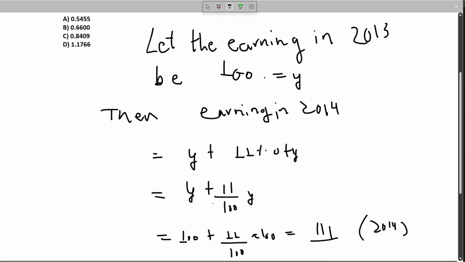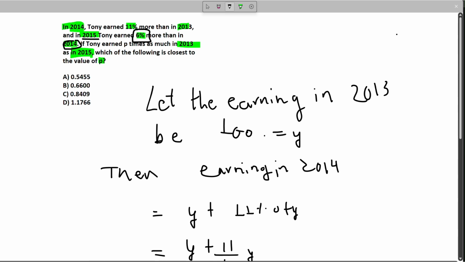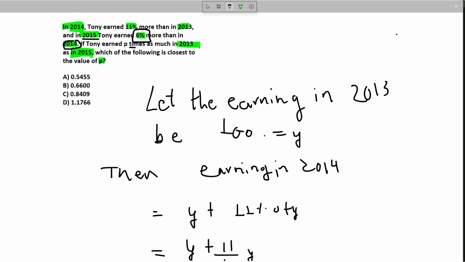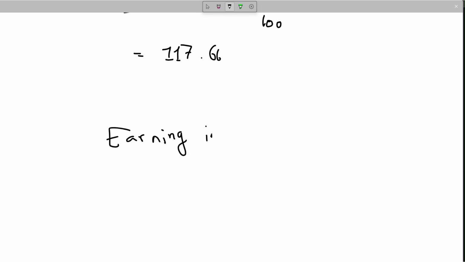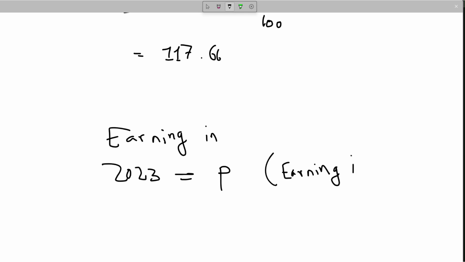Now what the question is saying is: if Tony earned p times as much in 2013 as in 2015, which of the following is closest to the value of p? That means the earning in 2013 is equal to p times the earning in 2015.